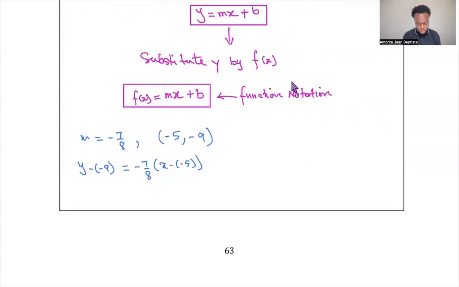Well, obviously, I just replaced them. Some of you may have already seen that the minus times -9, but we never want to forget that if there's a negative number, the negative in the formula will multiply with that to change it into positive. So y plus 9 equals -7/8 times x plus 5 is the point slope form of the equation of the line.